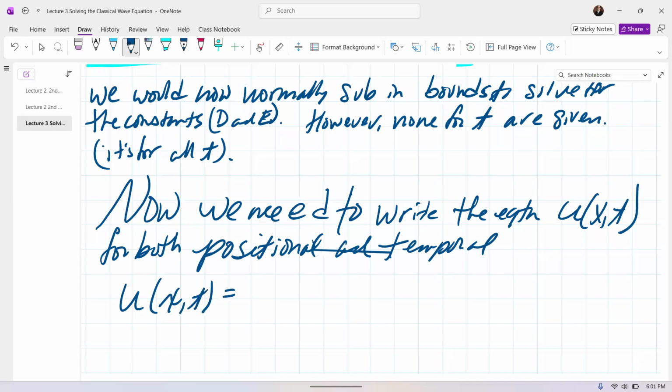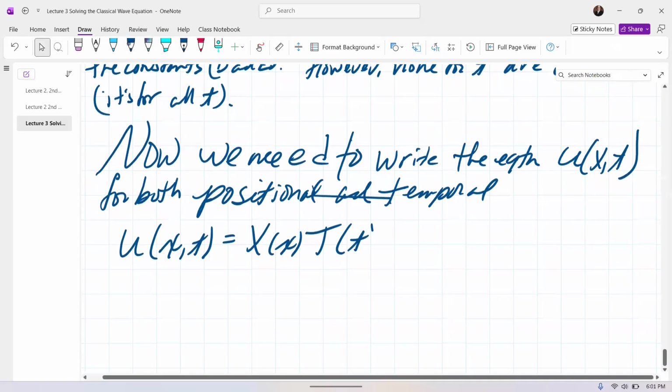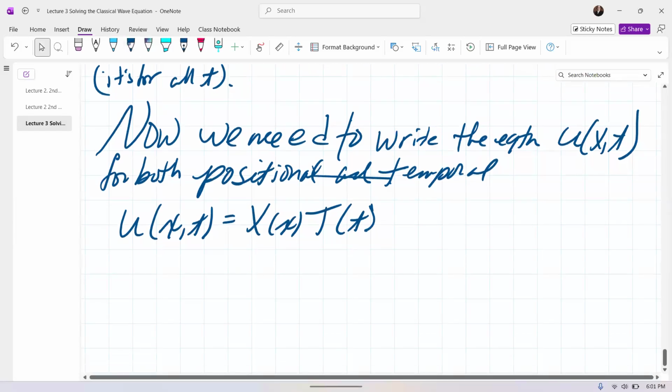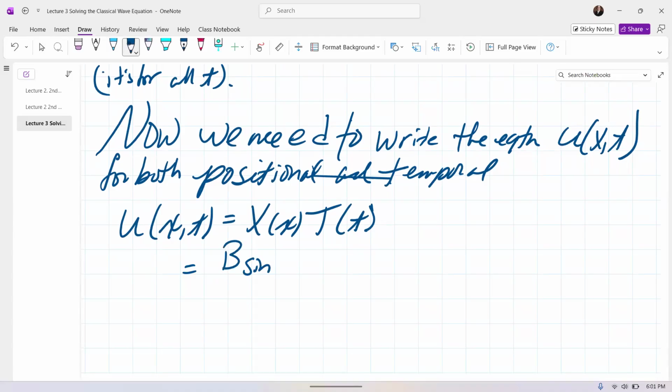equals X of x, T of t. Do you remember this? So we have now solved each of those halves. So what we need to do is put them back in. Equals B sine n pi x over L. That's the left-hand side.